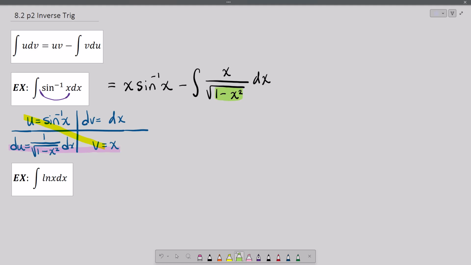So that's fine. Now, when you're looking at the help me solve this stuff in this homework, a lot of times what MyMathLab is going to do is try to force the derivative of your u to be present, which is fine. You could say, oh, the derivative of this is negative 2x, so I want to make this negative 2x, but then I have to divide by negative 2 on the outside. There's many times where that's pretty easy to do.